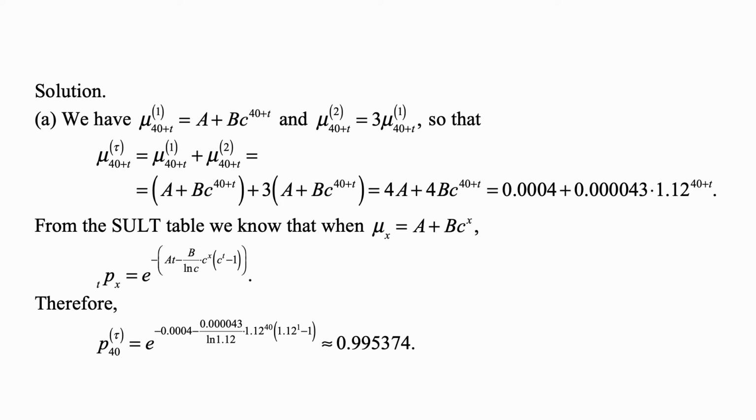Therefore, p40 tau is equal to e to the minus 0.0004 minus 0.000043 over natural logarithm of 1.12 times 1.12 to the 40th times 1.12 to the first, because t is 1 in this case, minus 1, and that's approximately 0.995374.